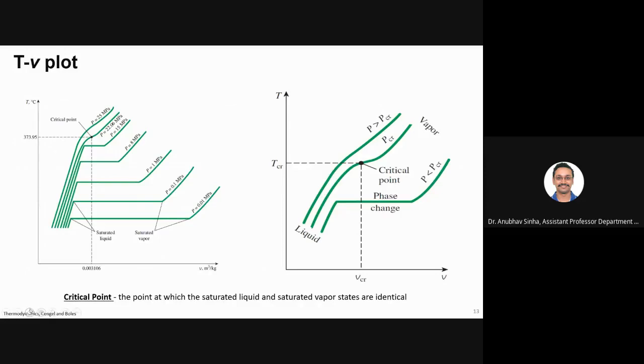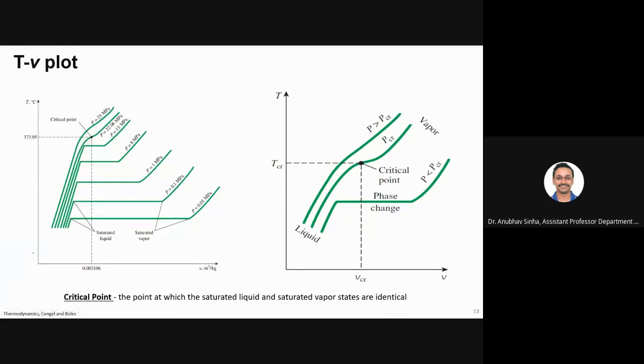At the critical point, the saturated liquid and vapor states are identical. So you cannot say this is liquid or vapor, but it is a mixture of liquid and vapor. This happens at the critical point. Below that point, we'll have liquid here, we'll have vapor here, and these are the points where saturated liquid is there.